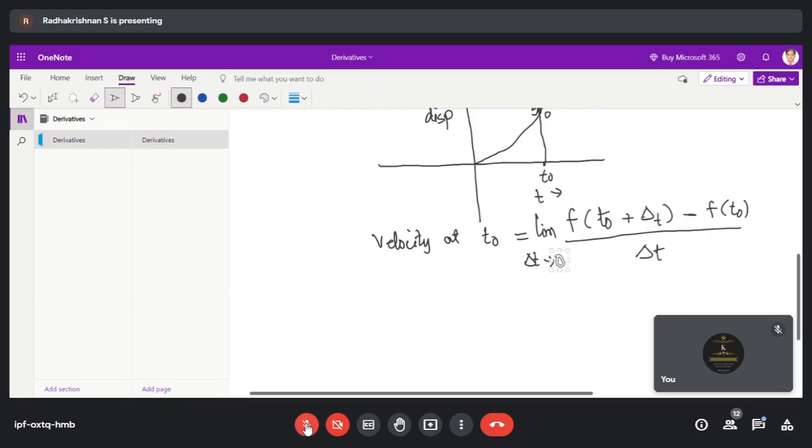We generally denote it as f dash of x, or f prime, equal to the limit of f of x plus h minus f of x, divided by h, when h tends to 0. Okay, now let's do a few problems.